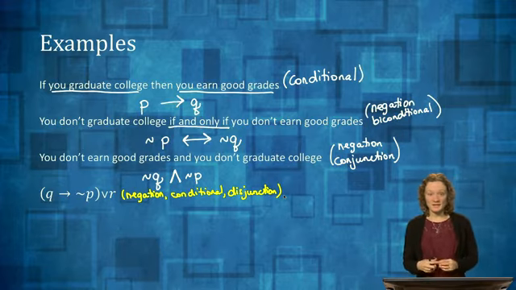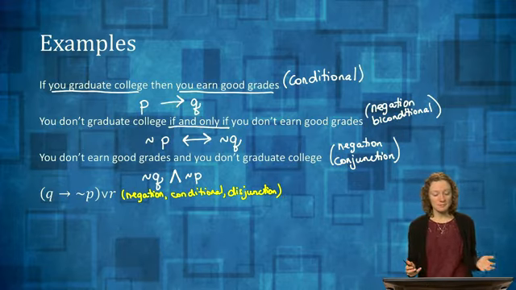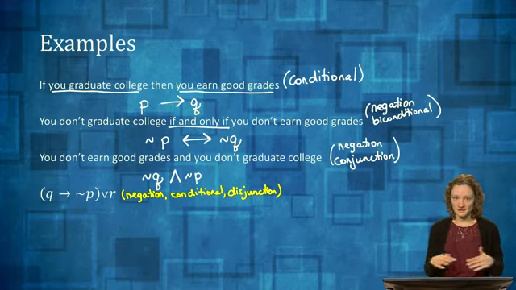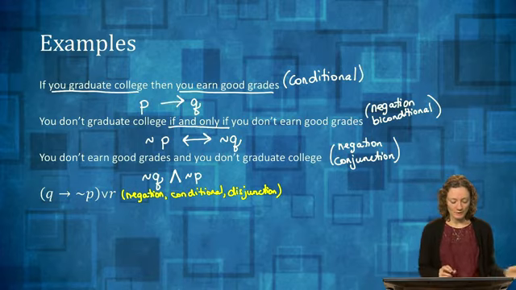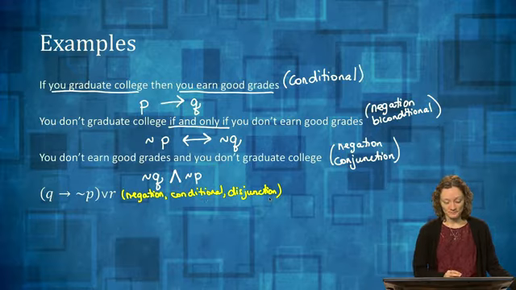Okay, so there's three in this case. Now we have to decide which one is the main idea of this statement. The negations apply to only one piece individually, so we can rule that out right away. The big question, is it the conditional or the disjunction?